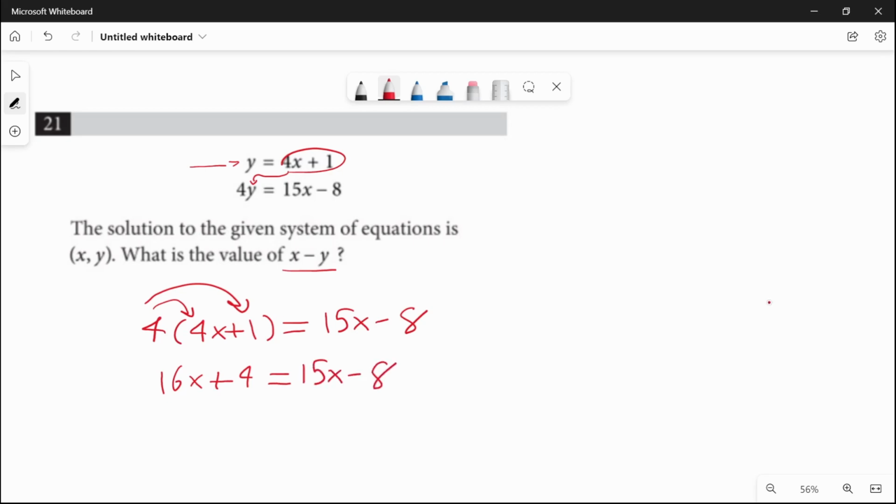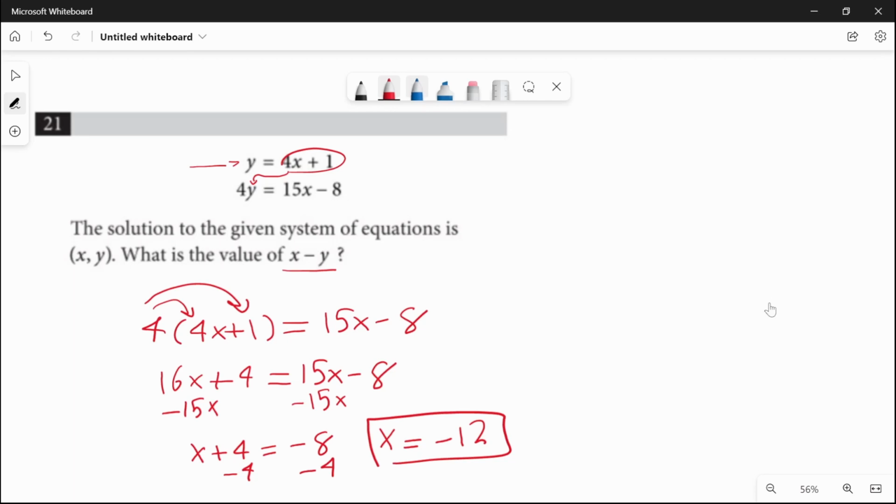Next we'll be solving for x. We can subtract 15x from both sides, so we will have x plus 4 equal to negative 8. Subtracting 4, we will have a value of x that's equal to negative 12. Now what about the value of y?